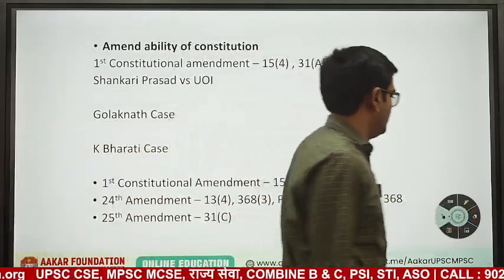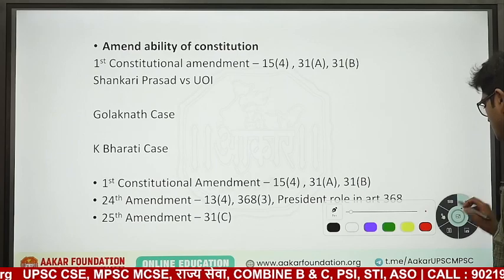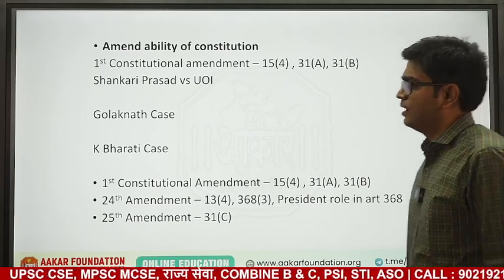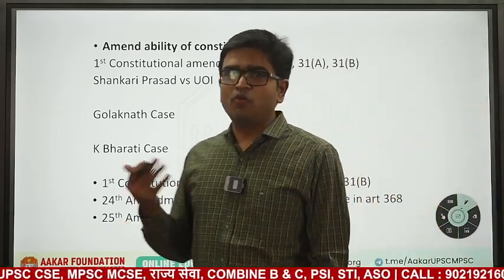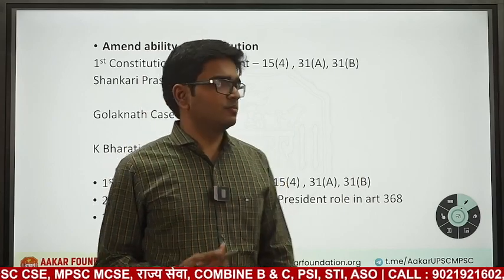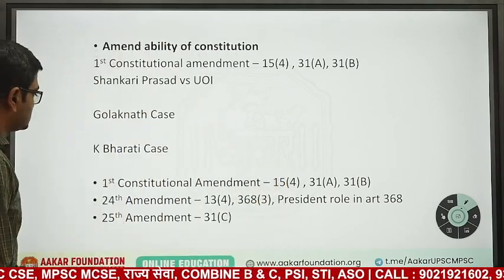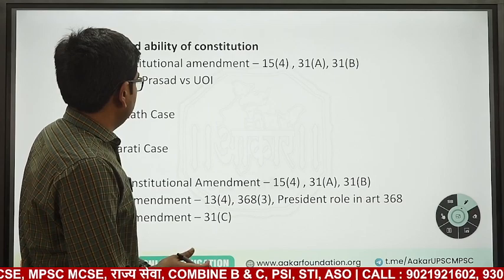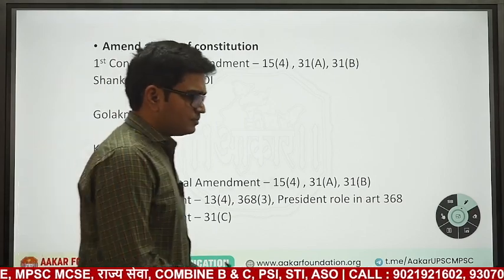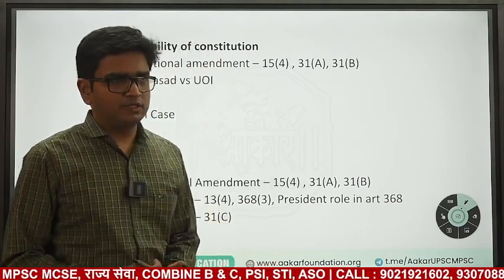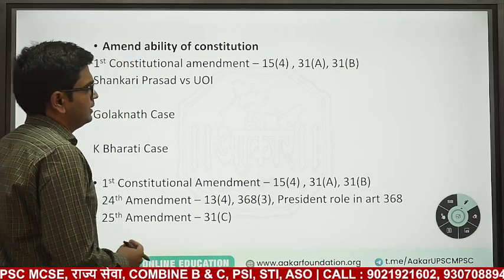Okay, now we will see the amendability: how the fundamental rights amendment procedure has evolved from the start of the Constitution. We will quickly see it and then we will move on to the questions. The first constitutional amendment enacted Article 31A.